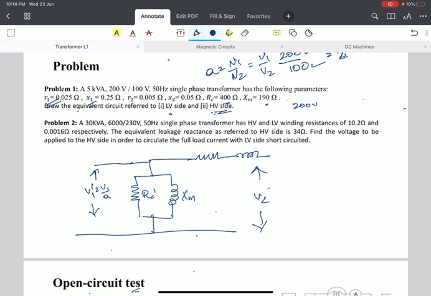So V1 dash is equal to V1 by A. V1 is 200, A is 2, therefore V1 dash is equal to 100 volts.